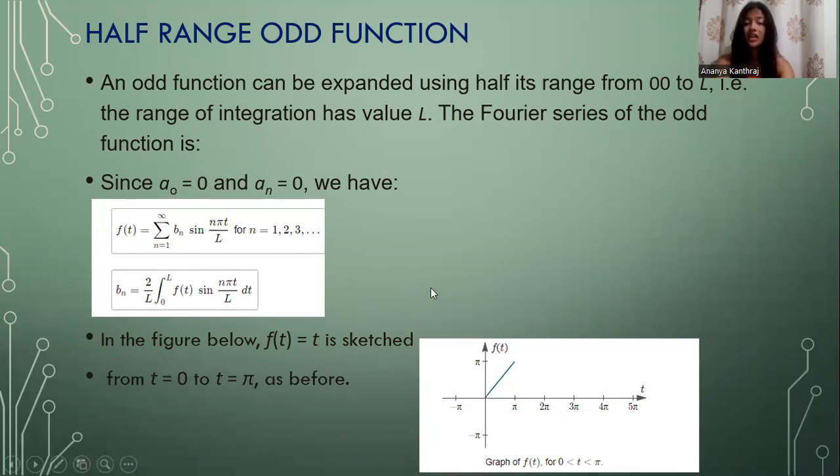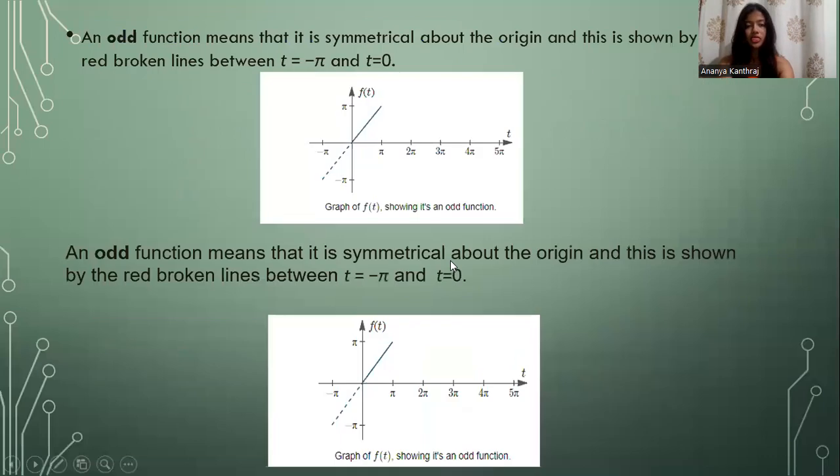When you input the formulas using the values of 1, 2, 3, and so on, you're going to get the graph plotted here. The range is from 0 less than or equal to t less than or equal to pi. So from t equals 0 to t equals pi, it is shown here.